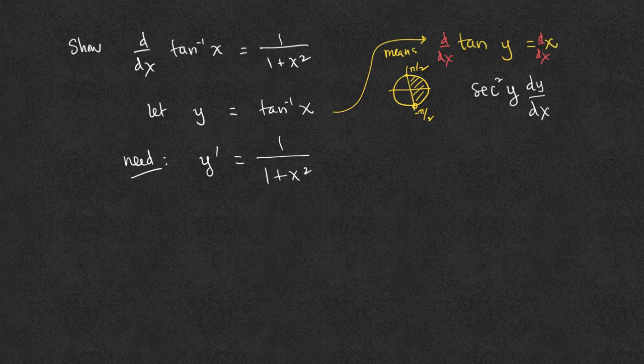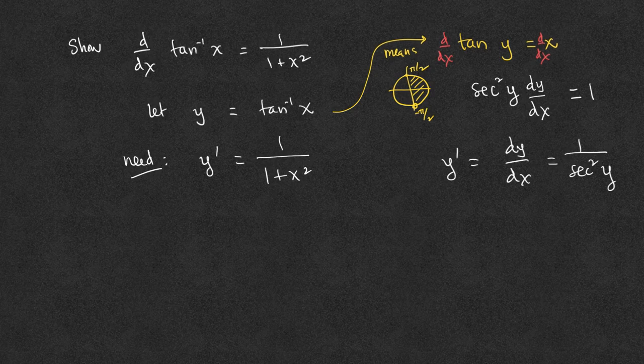This is implicit differentiation. The right hand side is not implicit because the derivative of x with respect to x is 1. And so dy dx equals 1 over secant squared of y, and dy dx is y prime.